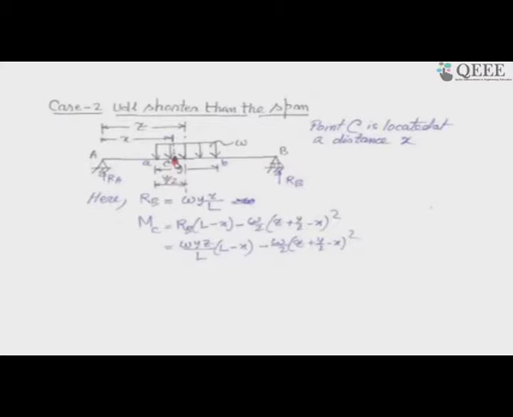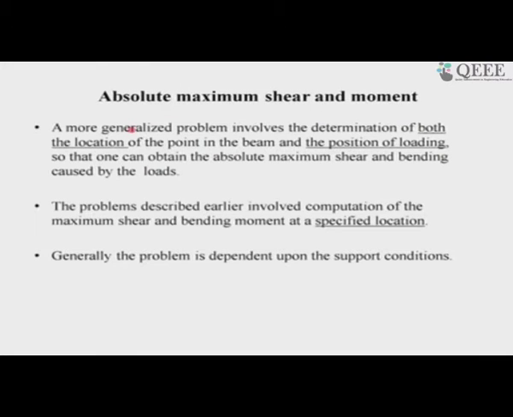The designer is sitting at a section and examining its condition of different stress resultants. That is why we discussed it first, but ultimately I have to resolve the issue that if this section is also changed to different locations, how does the effect actually change. For that, absolute maximum shear and moment conditions need to be carefully examined.